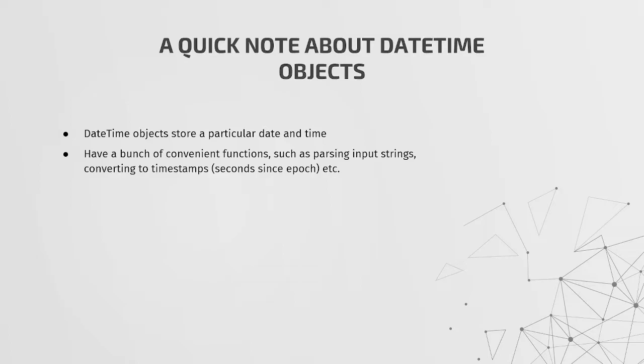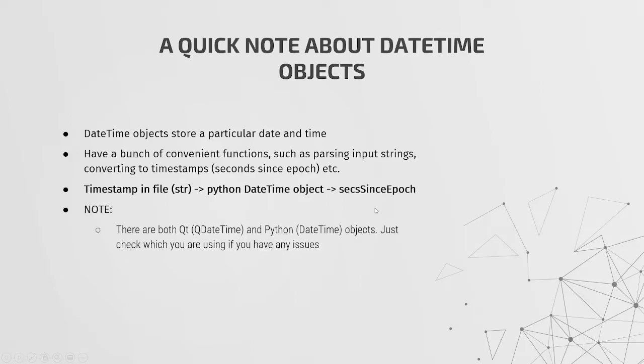When I say timestamp here, I mean this seconds since epoch. In our importer, we'll read in the string, which is in our file, and use that to create a Python datetime object, and then we'll use that datetime object to work out our seconds since epoch so that we can record our measurement times in this form.